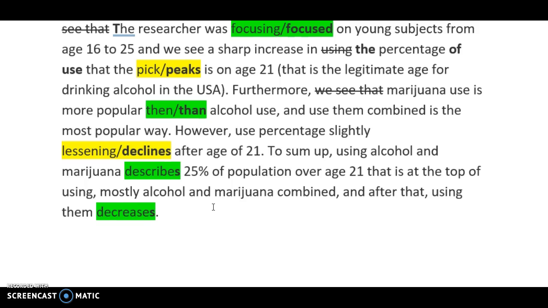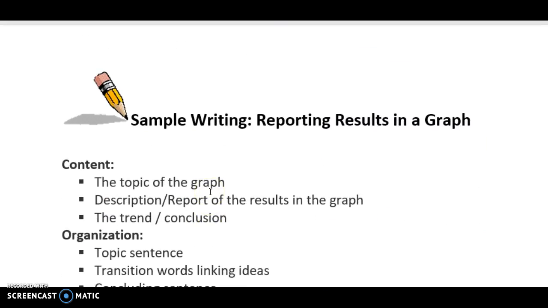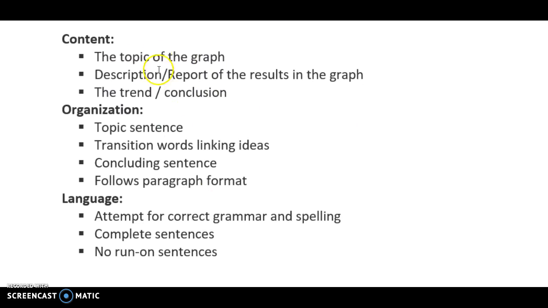So if we go back and we want to summarize some of the things that we saw here, we have the topic of the graph, which is expressed in the topic sentence. We have the description and report of the results. We state facts, and we link these ideas with transition words.